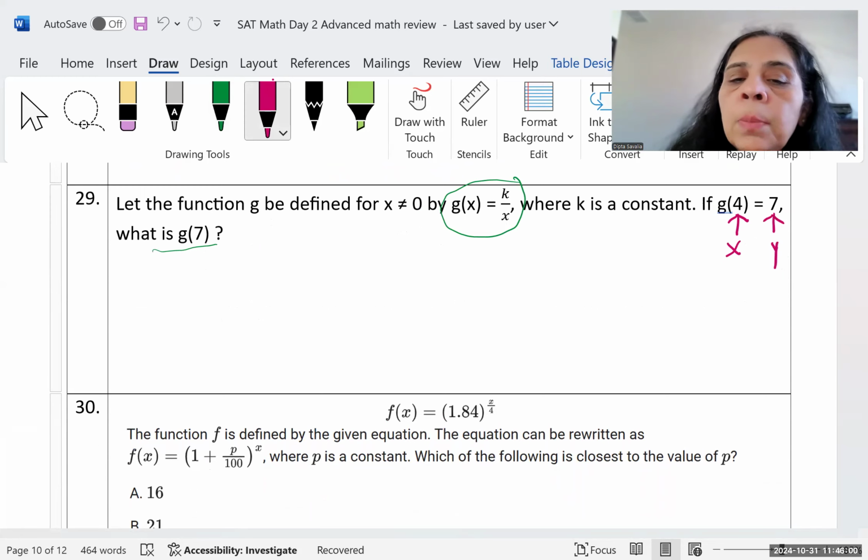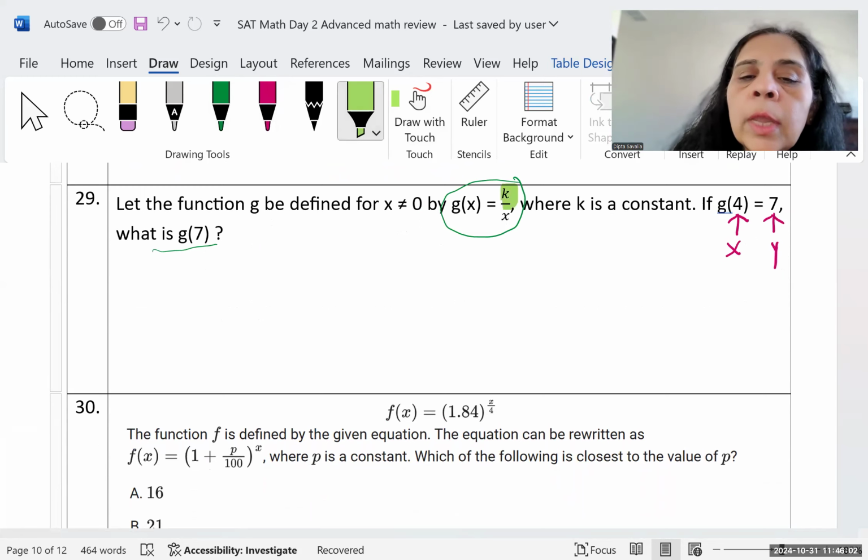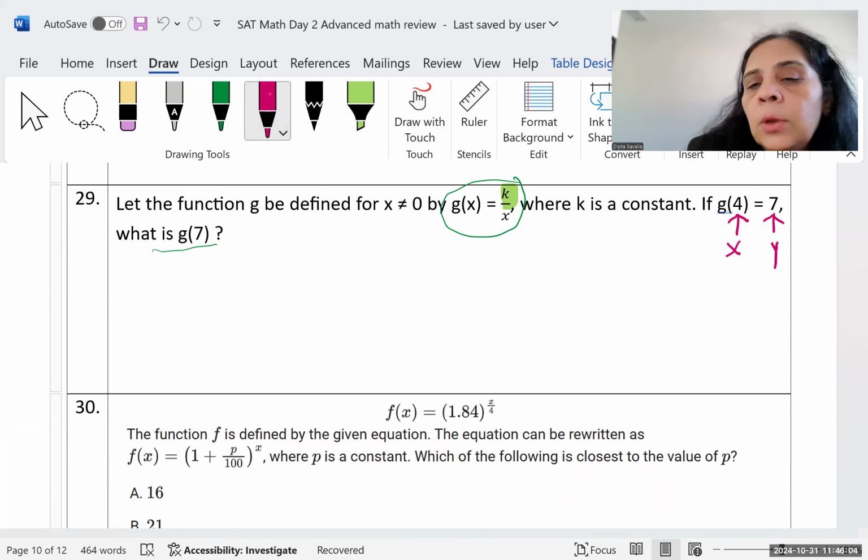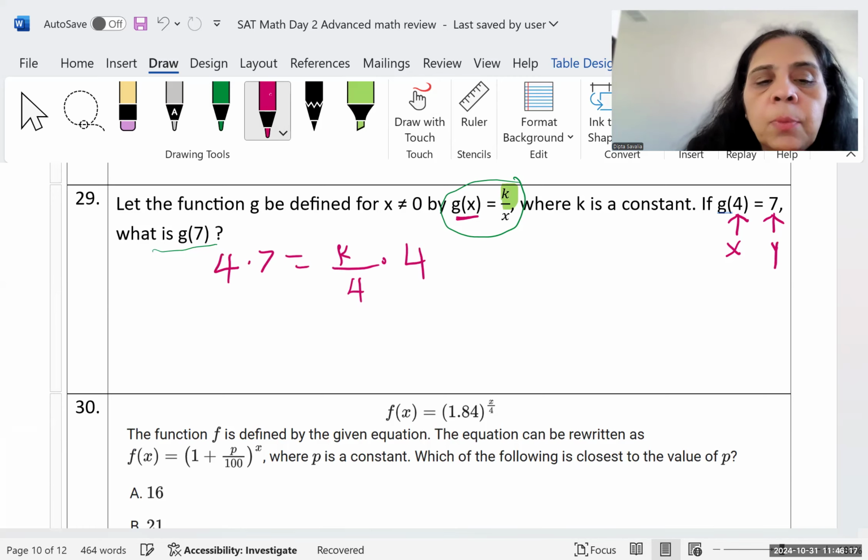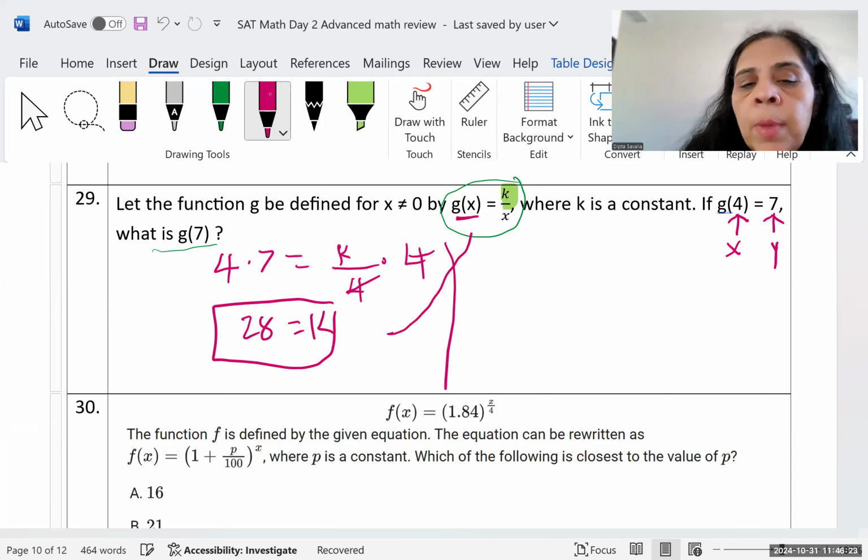So first thing we can plug in and we can solve for k. All right, so we can do 7 equal. See, that is your y. Right, so 7 equal k over 4. And now we can solve for k, so we can multiply by 4. So 28 equal k. So we found that. Now we can plug in back here.